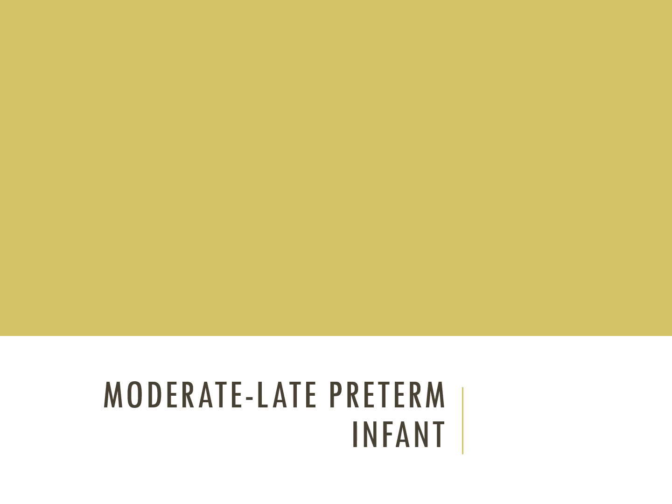So now we're going to go ahead and extrapolate all of the information we just obtained from the extremely premature infant and sort of bring it over into the moderate to late preterm infant. Remember, these guys are going to have the same issues we just talked about, but probably in a little bit lesser degree, being that they are closer to term. And this is going to be the category that kind of deals with your 37-week to 32-week gestations.